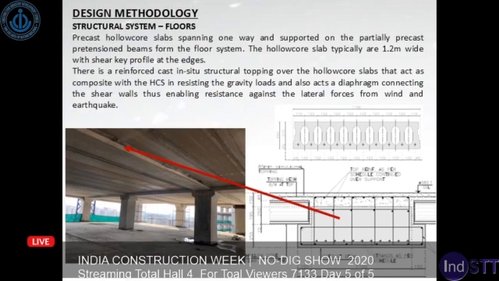They have a shear key profile at the edges, and they are laid next to each other as one-way spanning planks. There is a reinforced cast in situ structural topping over the hollow core slabs that acts as composite with the hollow core slab in resisting the gravity loads, and that topping also acts as a diaphragm connecting the shear walls, thus enabling resistance against lateral forces from wind and earthquake.